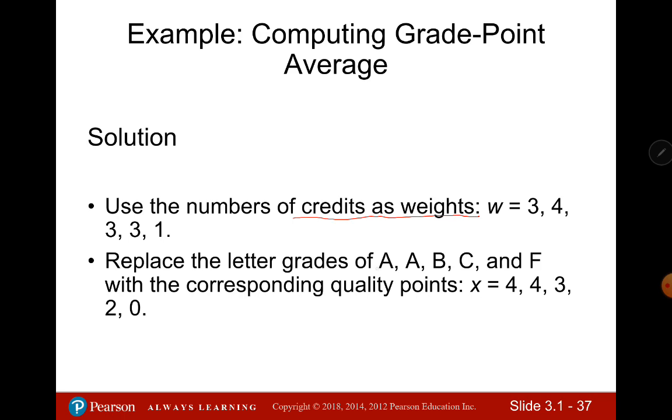And we replace A, B, C, F with the numbers 4, 4, 3, 2, 0. The letters transfer to numbers, and they are x values. And the credits are our weights. Make sure you don't mess them up.